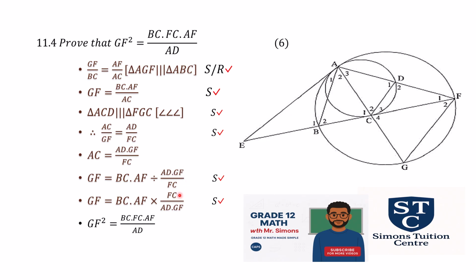So that becomes FC over AD times GF. So there we have BC times AF times FC over AD times GF, but GF times GF becomes GF squared. So BC times AF times FC is left on the top over AD. That GF goes across and therefore it becomes GF squared.